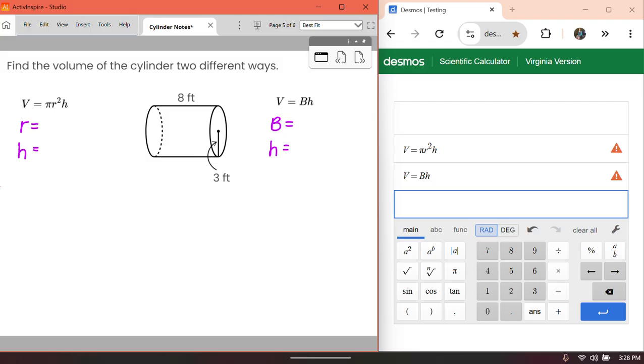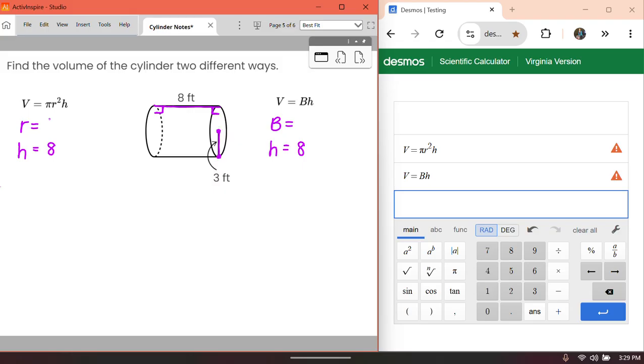Okay, so this cylinder has actually been tipped over onto its side. The height connects the two bases, and it actually does form a right angle with both of those bases, but it connects those two circles. So my height for both of these is 8. Then to find my radius, luckily, they already gave it to me.